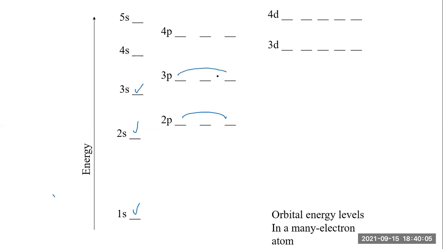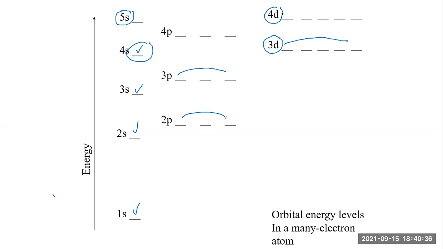The major difference occurs right here. People go 3s, 3p, 3d should come next. But actually the 4s is lower in energy than the 3d. So the 4s would get the electrons first, and then it would go back to the 3d. And that pattern repeats. We see again here, 4p, 5s, back to 4d.